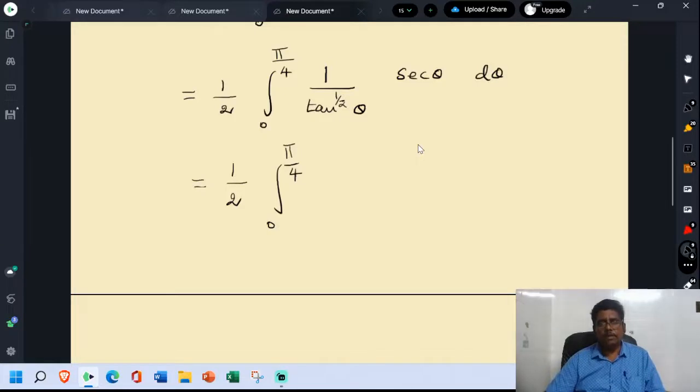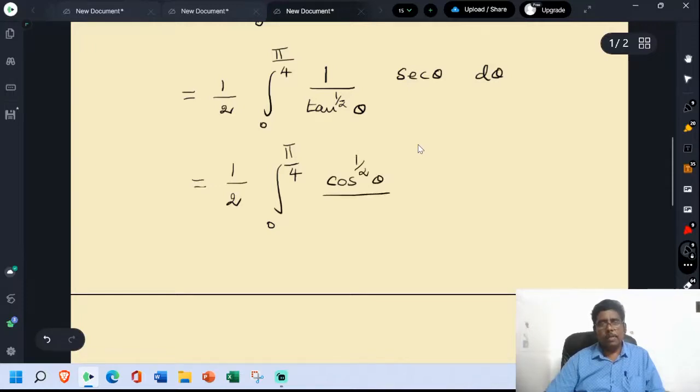Therefore, this is cos power half theta divided by sin power half theta. Then secant theta is 1 by cos theta. This is 1 divided by cos theta into d theta.